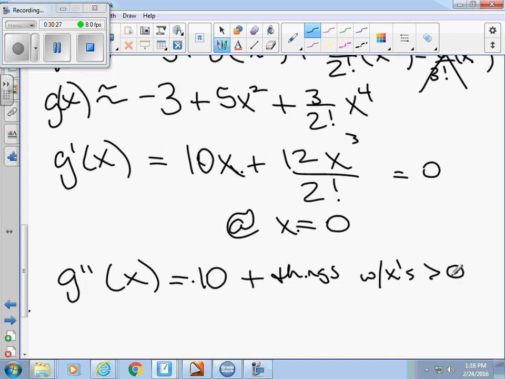Concave up, so I have a relative minimum. It's good to remind you of the second derivative test. To me, the justification on a second derivative test here is a little easier, but both work great. Therefore, relative min at x equals 0.